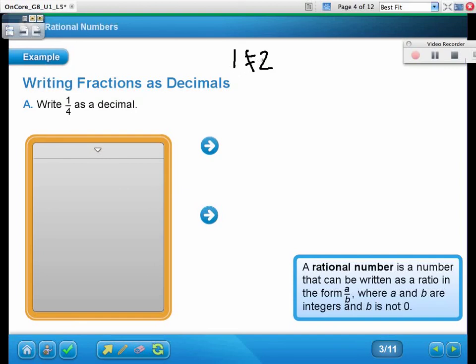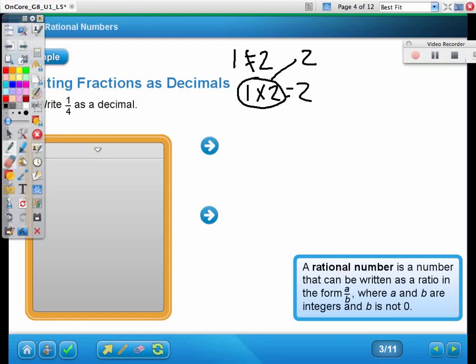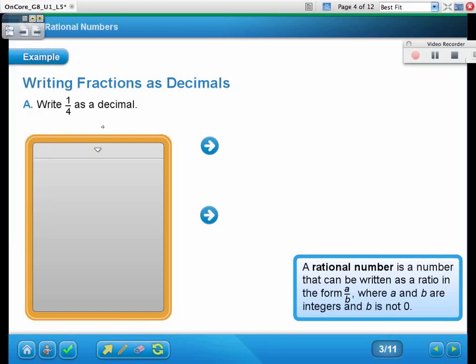But I can say that 1 times 2 is 2. So this over here, in a way, is just a different way of writing the number 2. And that's mathematically accurate because they do equal each other. In a way, that's the same thing we're doing in this lesson, figuring out how to write fractions as decimals, not changing the value, just doing it in a different way.